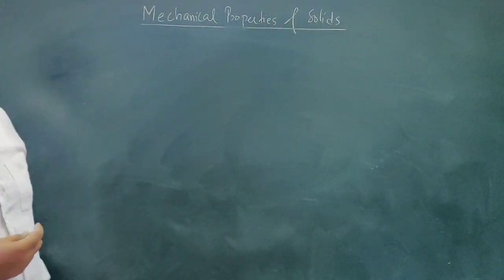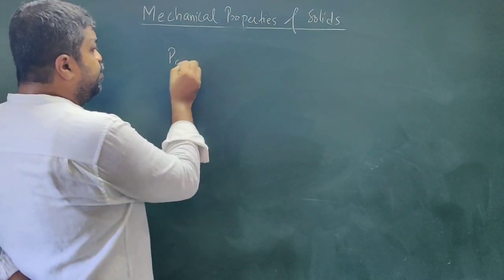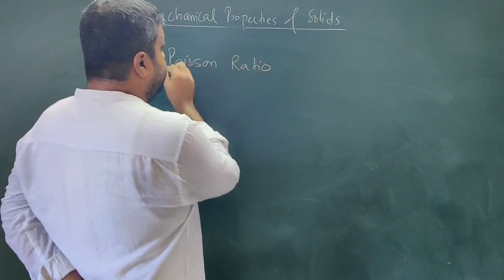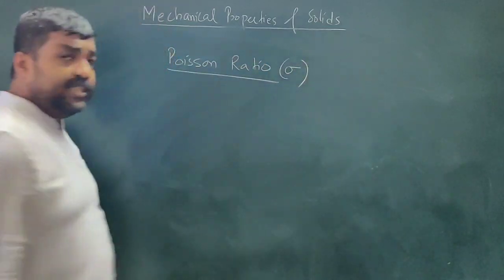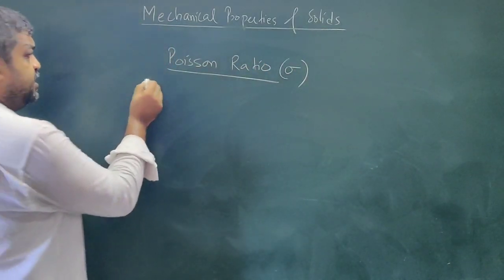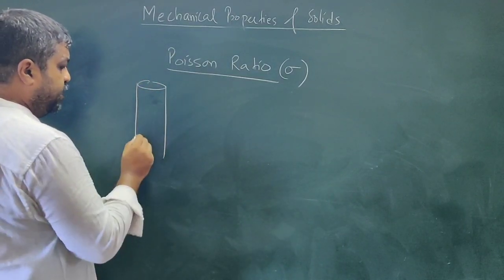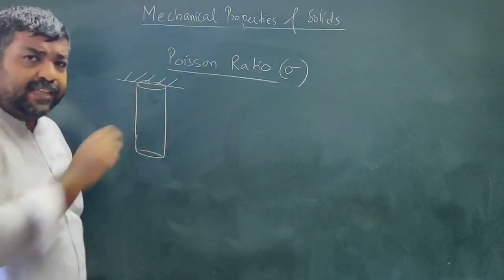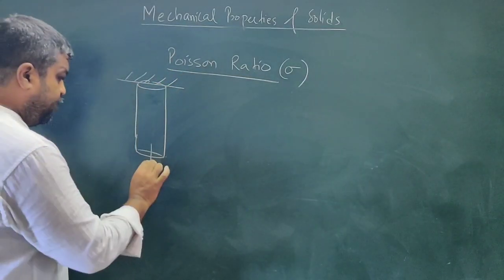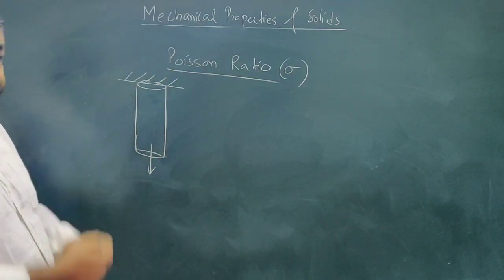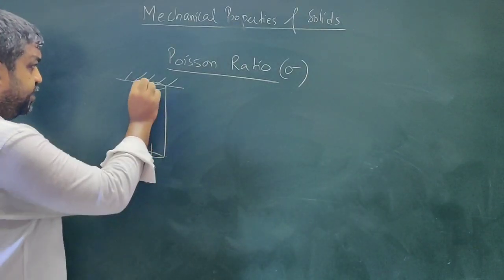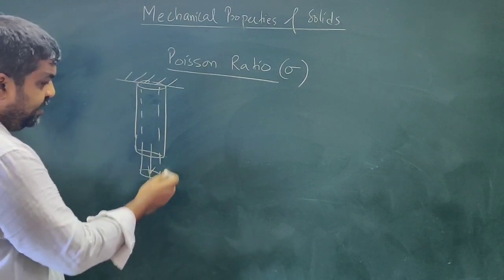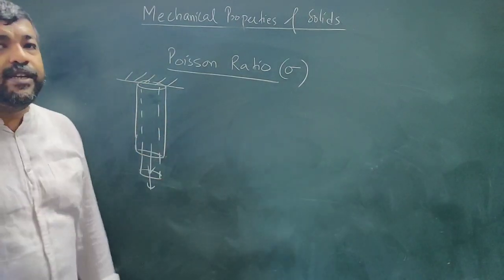So the next term that we need to learn is Poisson ratio. Poisson ratio is denoted by the symbol sigma. Now what is this ratio? See, suppose we have a wire or a cylinder which is rigidly fixed, a metal wire or metallic cylinder. Now if some force is applied such that there is an increase in length, the radius will decrease.